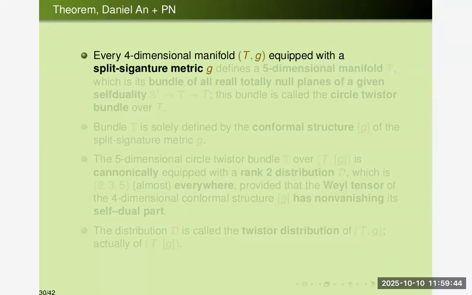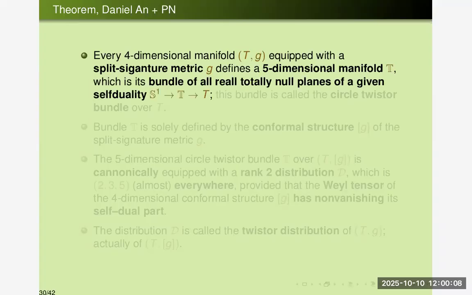Every four-dimensional manifold equipped with a split signature metric defines a five-dimensional manifold, which is a bundle of totally null two planes over this manifold. So every four-dimensional manifold (M, g) equipped with split signature metric g defines a five-dimensional manifold, its bundle of all real totally null planes of a given self-duality.